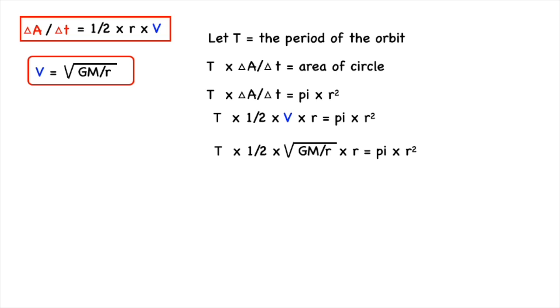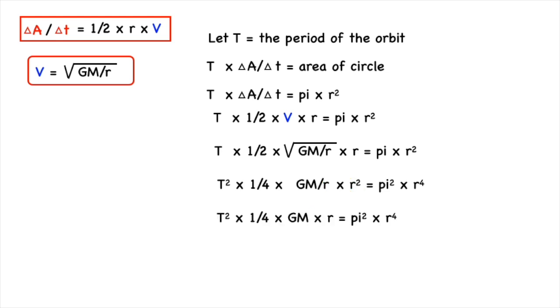Now we square both sides of the equation. We can simplify the left-hand side just a bit by dividing r squared by r. Now we can multiply both sides by 4 and divide both sides by g, m, and r.